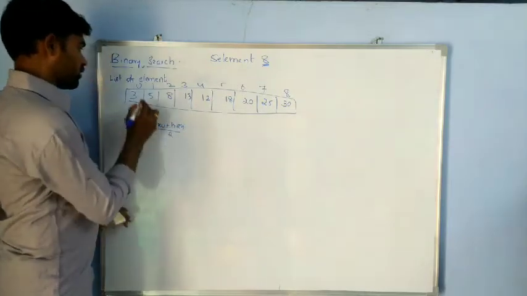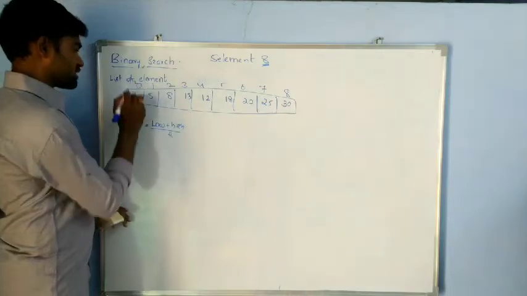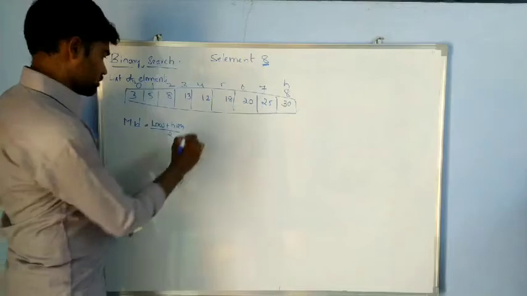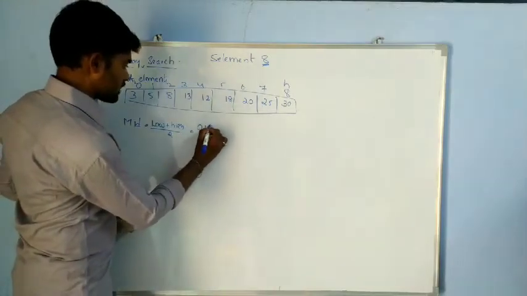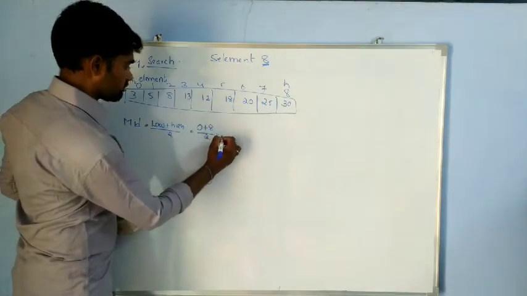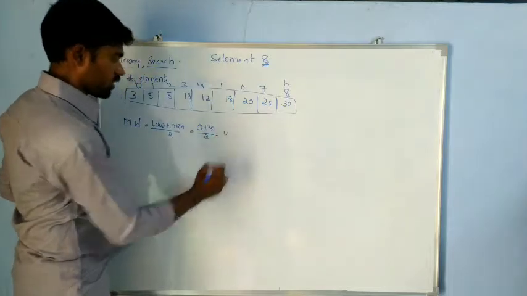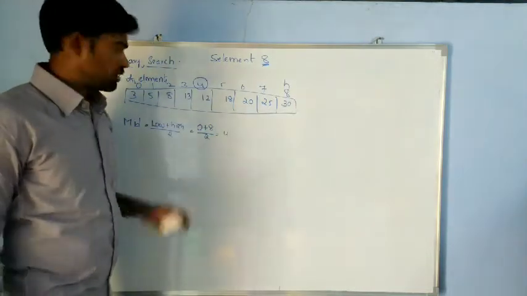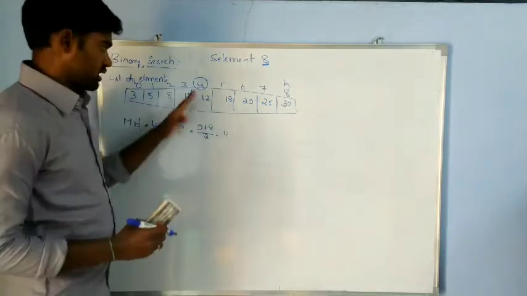What is the low value? Low is index 0. High is index number 8. So mid equals 0 plus 8 by 2, which gives index number 4. Now this 4 will act as the mid element for this list.